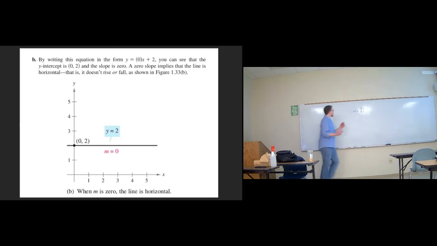And what they tell us is the change in a thing. So delta y is going to be equal to y2 minus y1. Delta x is going to be x2 minus x1.